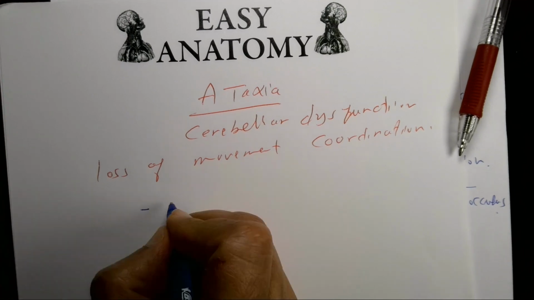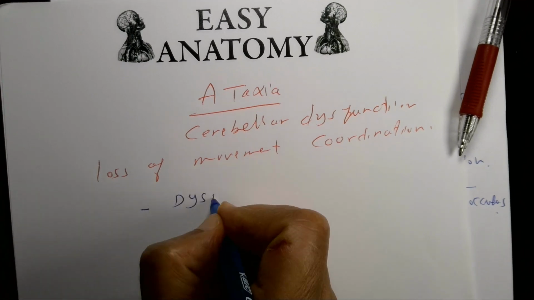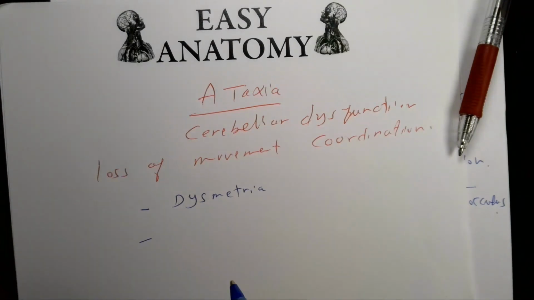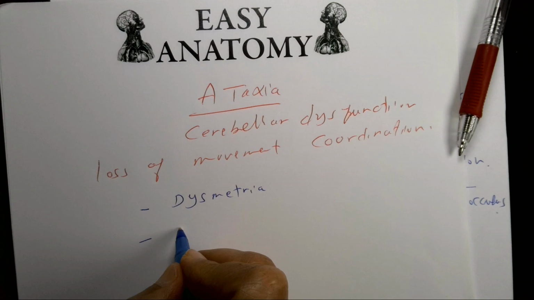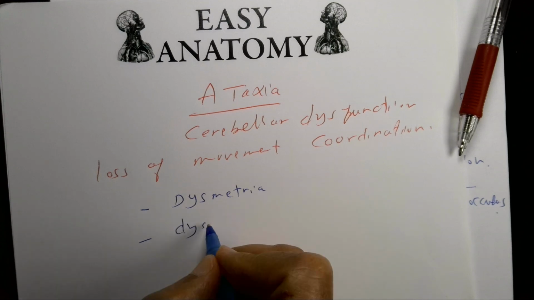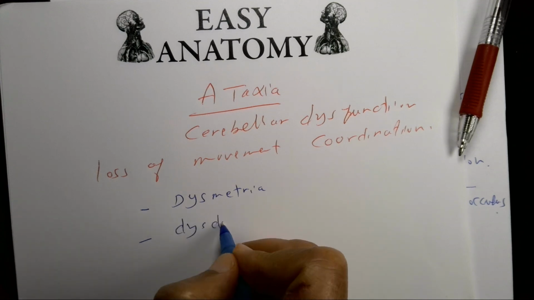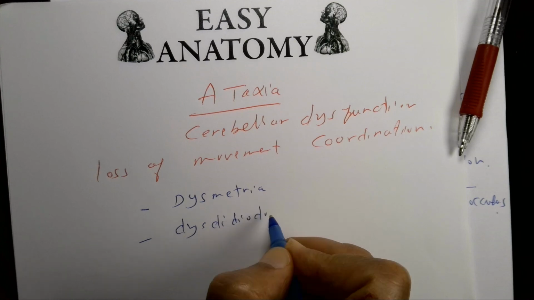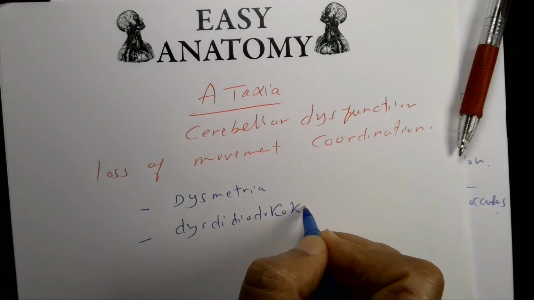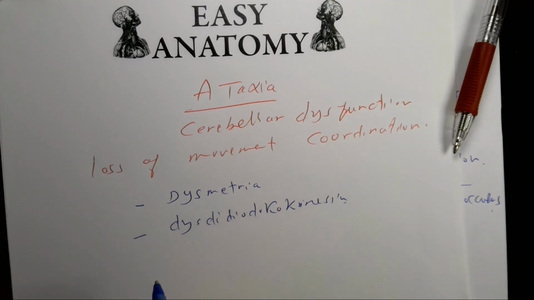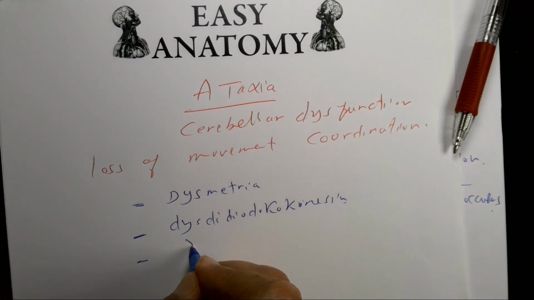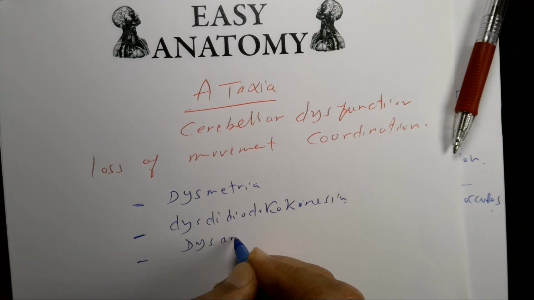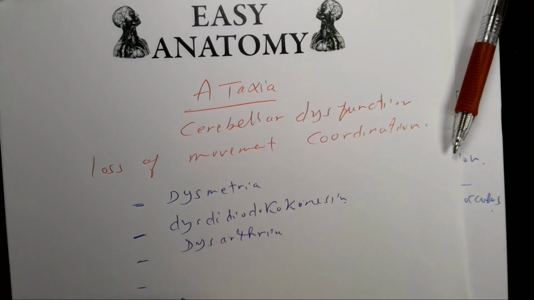First, dysmetria, dysdiadochokinesia, then dysarthria, and tremors.